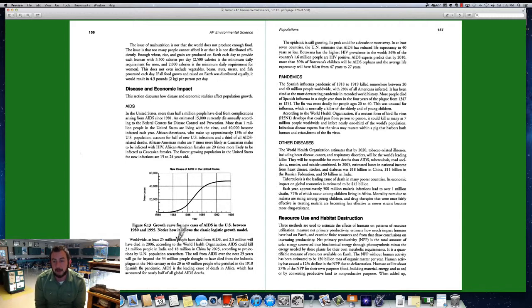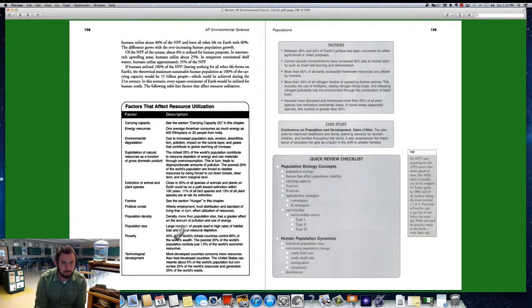And again, the higher the net primary productivity, the more resources, and humans utilize about 27% of NPP for their own purposes, and so that's what's left over for the Earth as well. Humans use about 40% of the NPP and leave all other life on Earth with 60%. The difference grows with every increase in human population, with every human that's born.